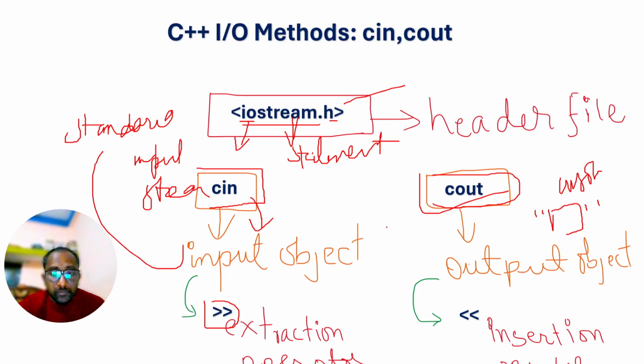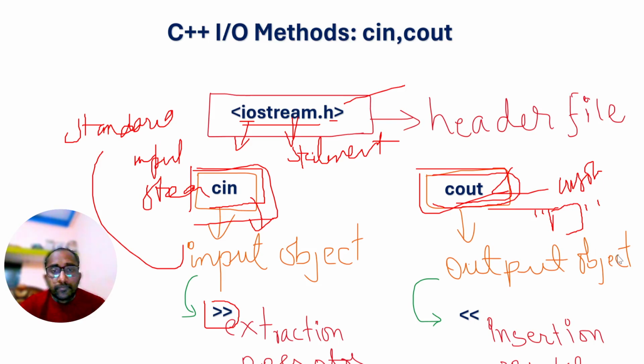We take or give input from the keyboard, and cout will print the message written within the insertion operators.